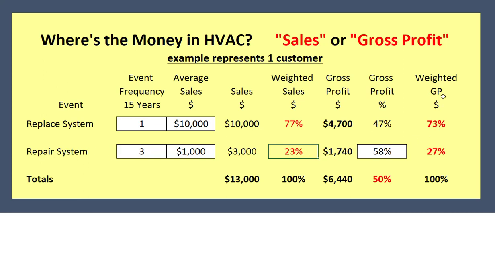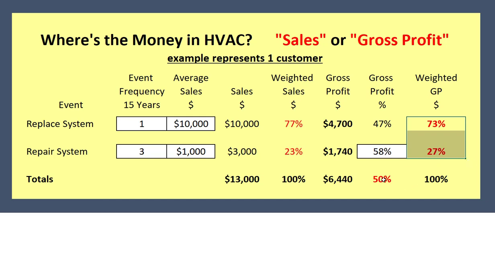And the weighted gross profit average changes slightly. The weighted gross profit dollars you're earning from the replacements is 73% versus the weighted sales of 77%. That's primarily because the gross profit is greater in the repair, so it created a greater weighted average than the sales weighted average. So I'm just showing you the weight of what's going on.